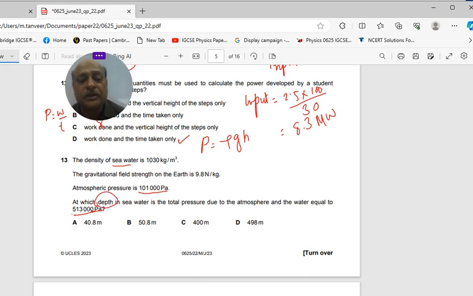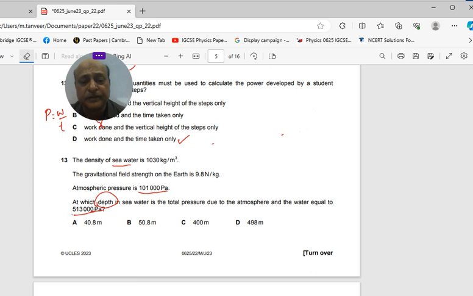First of all I will clear something so that I will get space. Rho g h will be used since this is the liquid pressure.